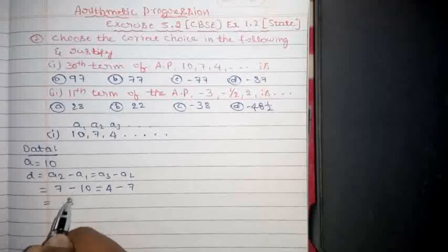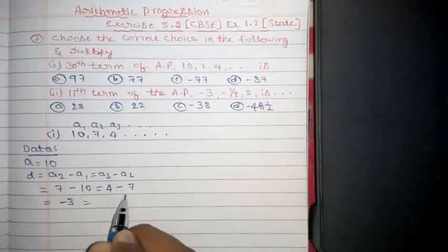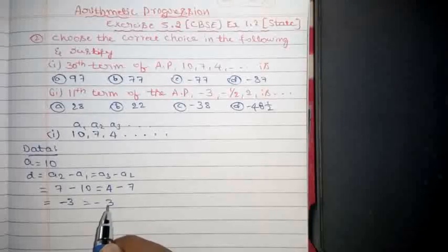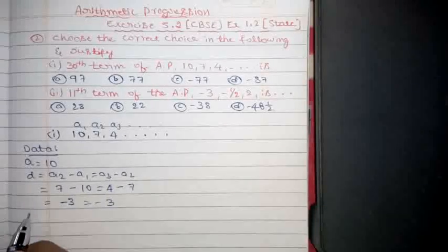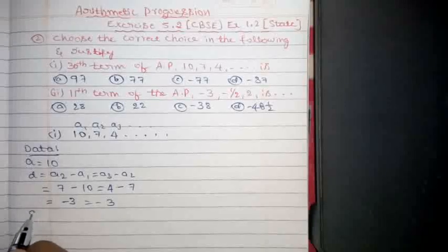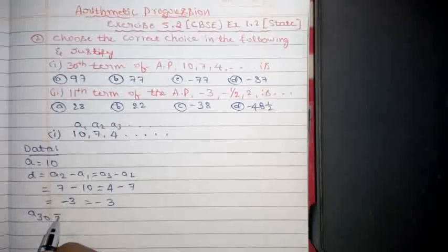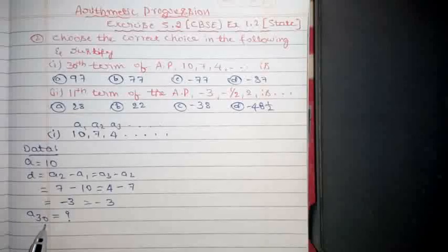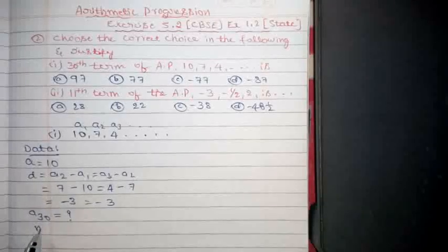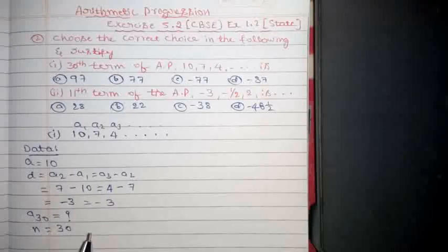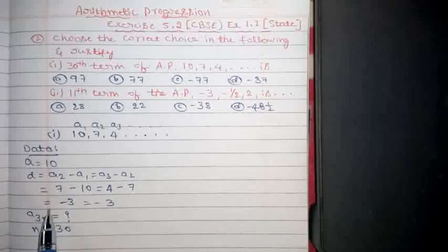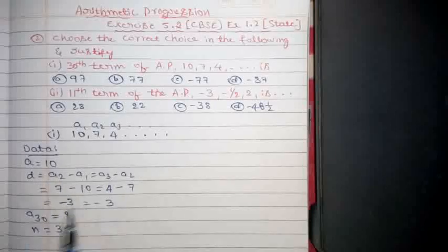The biggest number is 10, the sign is minus. So therefore minus 3 equals here also minus 3, right? Now here you need to find the A30 term, so n is equal to 30. So this is the data that you need to write down first.